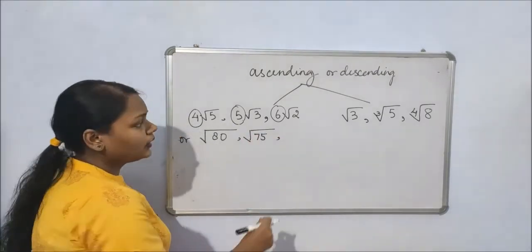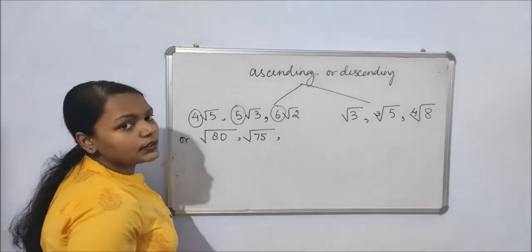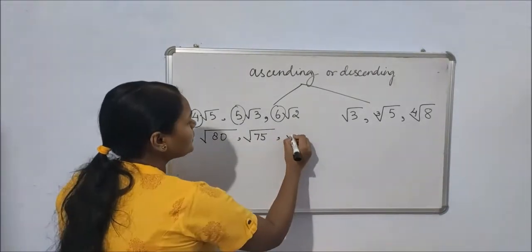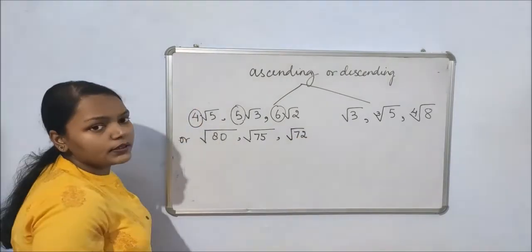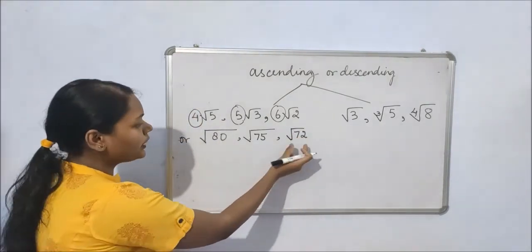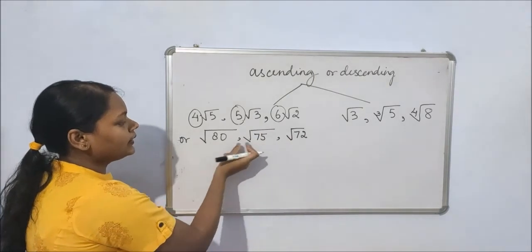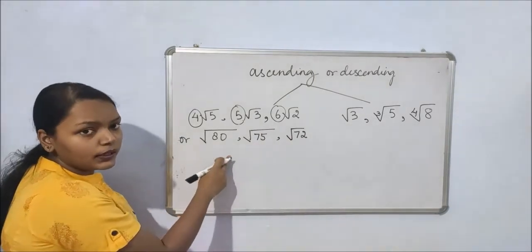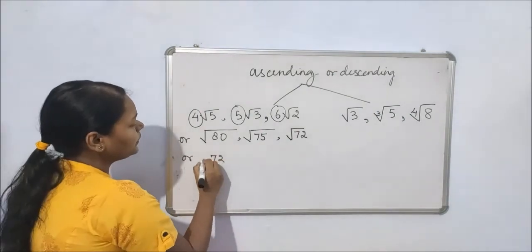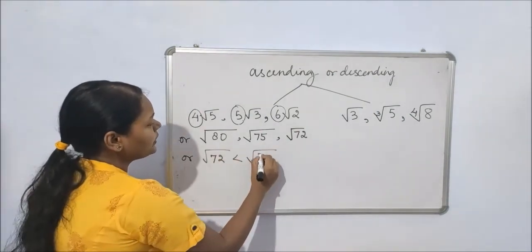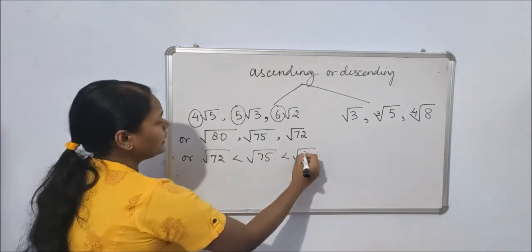Then we have 6 into 6 is 36, 36 into 2 is 72. So we can see these numbers are there. Now it is easy for us to check because 72 is less than 75 and hence the greatest is 80. So we can arrange root 72 is less than root 75 is less than root 80.